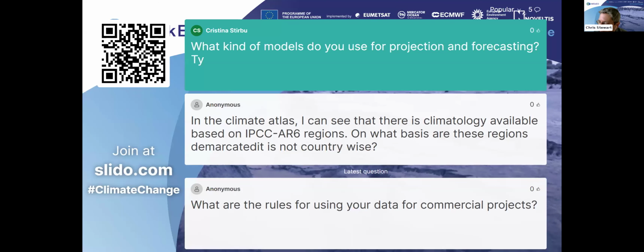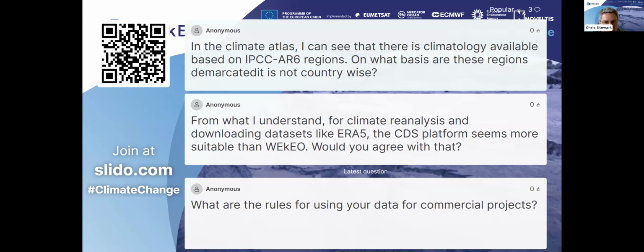You can find the full documentation of all those models on the data catalog. So if you click on more information, you find the full documentation. If you really want to know exactly what kind of models and the resolutions and the data providers, all that information is available. Okay, thanks. I hope that somewhat answers the question, or at least defers the question to where it can be answered.